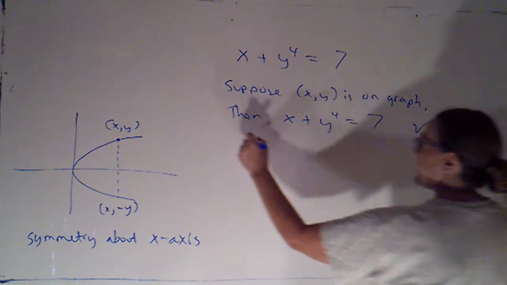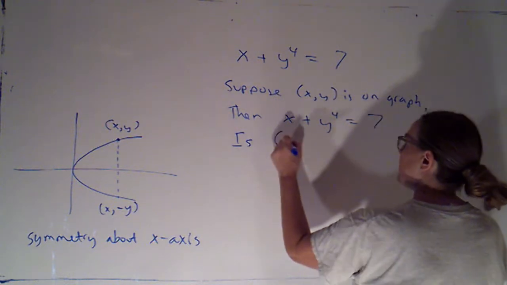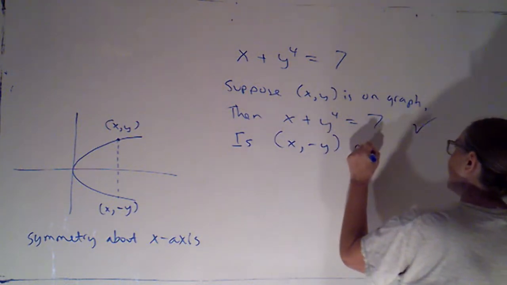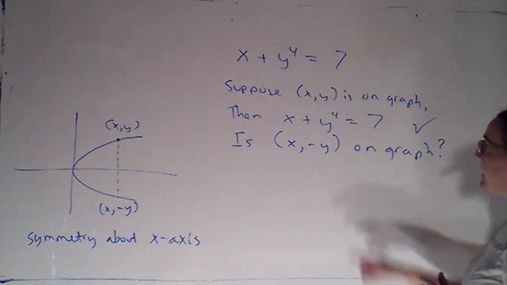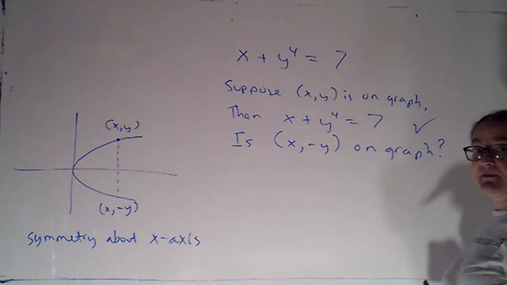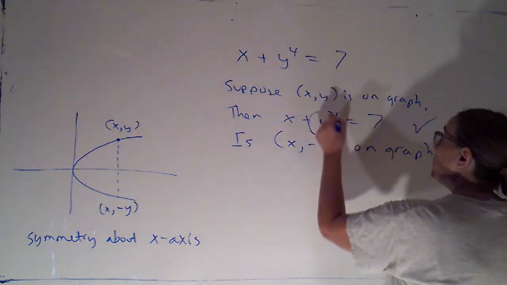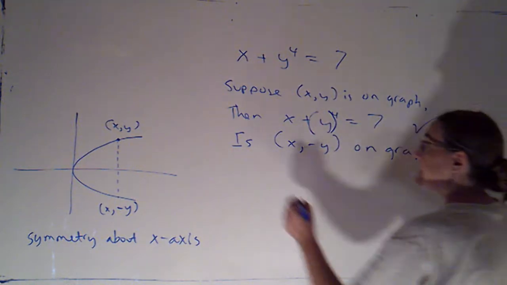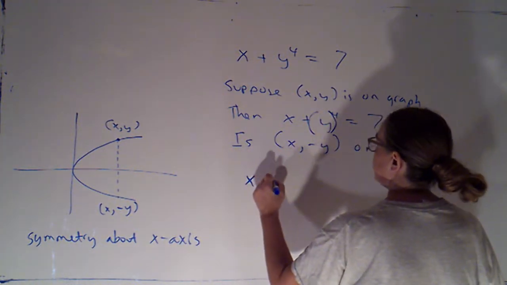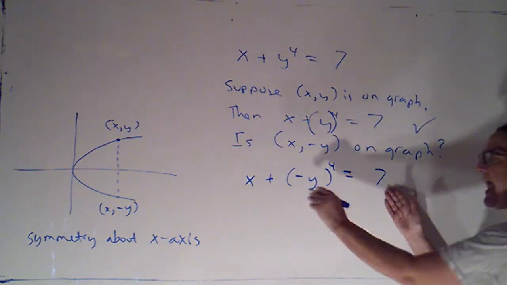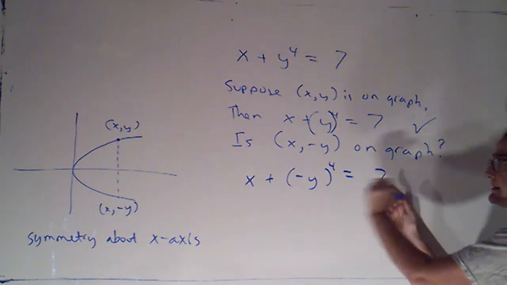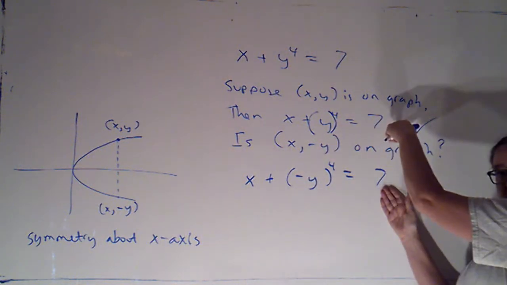Okay. And then I would ask, is the mirror image point, x, the opposite of y, on the graph? And so here, I'm going to be replacing y with the opposite of y. So my equation becomes x plus the opposite of y to the 4th equals 7. And I'm just checking to see, does this simplify to this equation that I know is true?